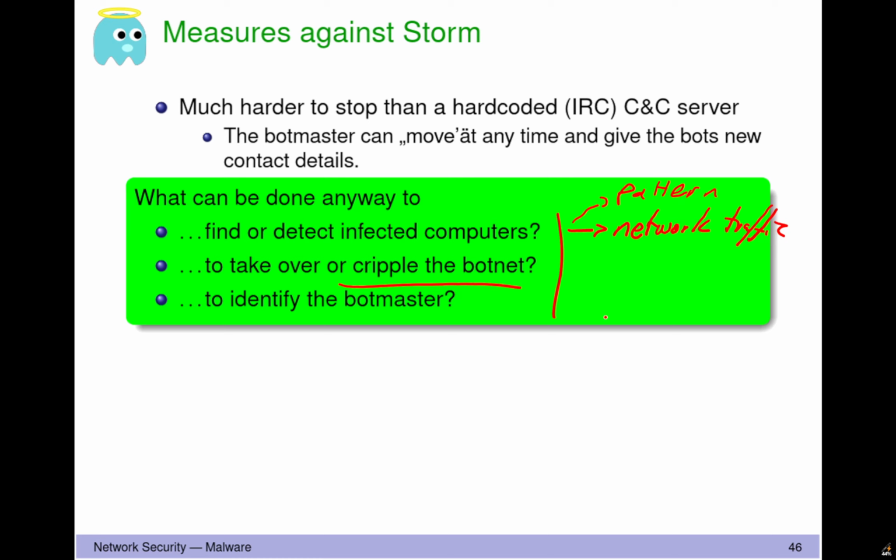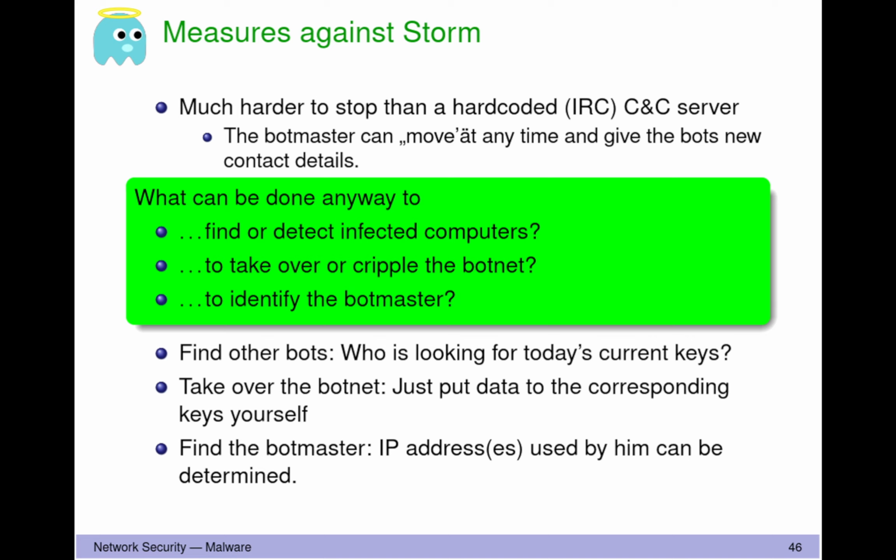So what can you do to take over or cripple the botnet? The idea is you try to identify which keys will be addressed next. If you are able to re-engineer from one machine the pattern by which these keys are computed based on the current time, then you could use the network to place your data at that position and try to create a counter command and control server that tells the bots to delete the malicious code and to act normal again.